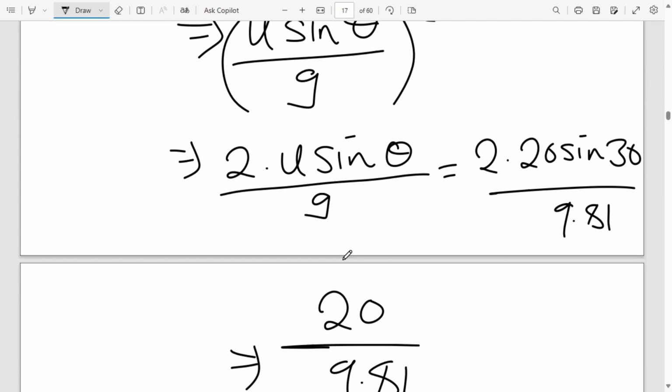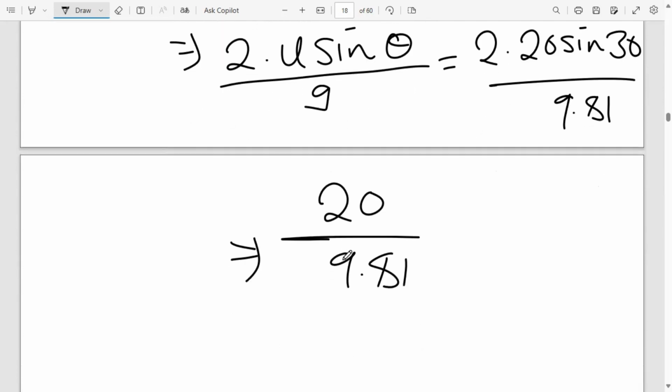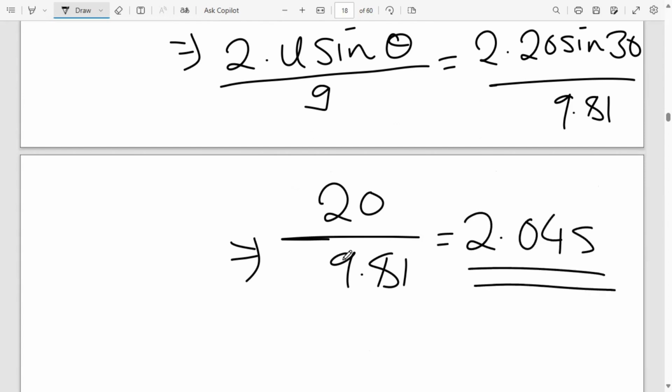All right. Okay, so 20 divided by 9.81. So it's giving me 2.04, which means our time is 2.04 seconds. Okay, the last question is saying calculate the horizontal range.